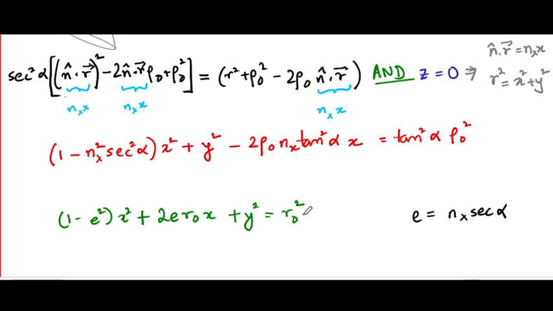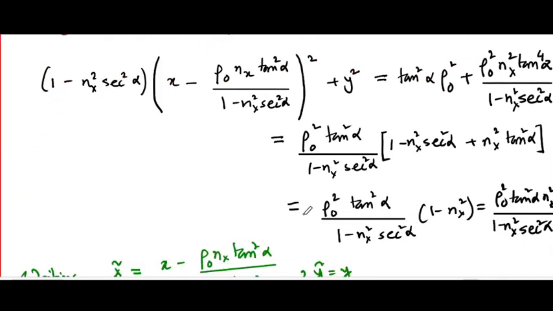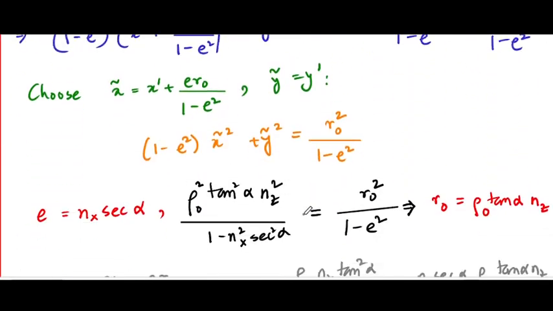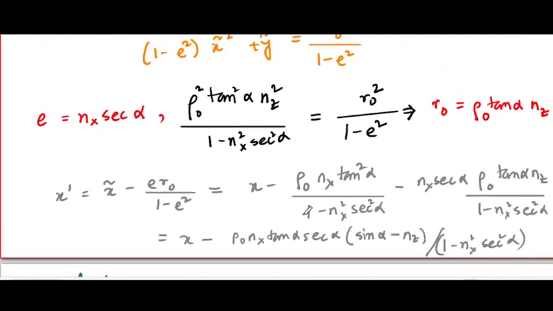The two do not coincide, and what you will end up with here is finally a relationship between the two. x prime is of course x tilde minus er0 by 1 minus e square, but x tilde is also x minus this quantity. Here I have just written er0 by 1 minus e square in terms of rho 0, nx, ny, nz and so on. And after that, this is the final expression we get.